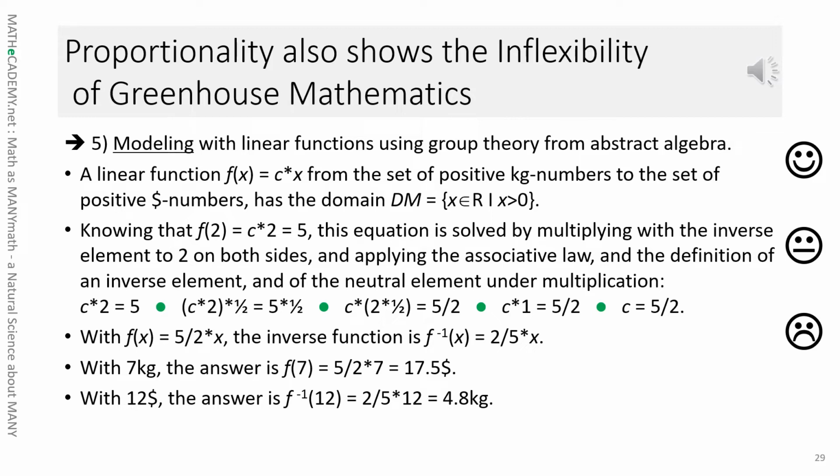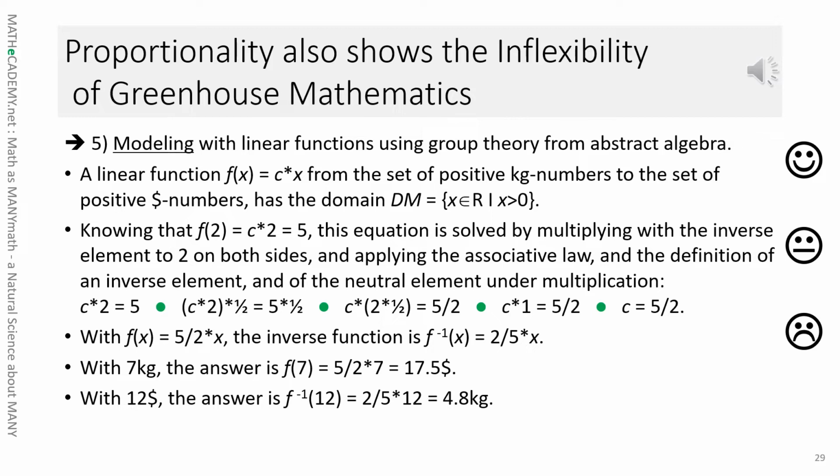Knowing that f(2), that is c times 2, has the value 5, this equation is solved by multiplying with the inverse element to 2 on both sides, and by applying the associative law, and the definition of an inverse element, and of the neutral element under multiplication. In the end, this gives c equals 5 over 2.